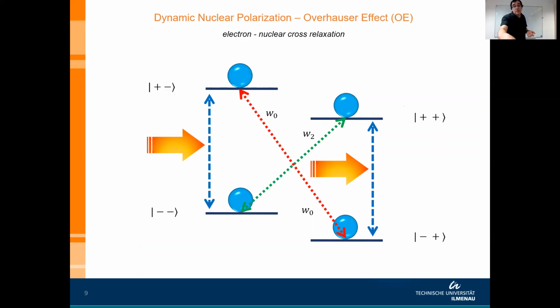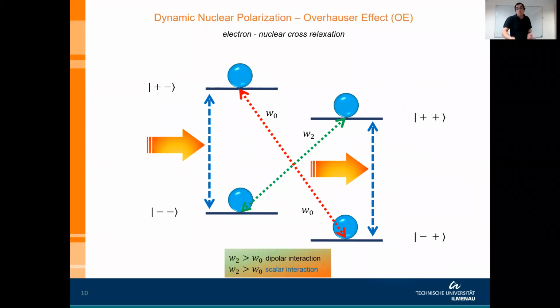Omega 1 describes the nuclear relaxation, but the cross relaxation is done by these double quantum and zero quantum transitions. The detail here is that with omega 0 and omega 2, when one is bigger than the other, 2 different effects happen, called dipolar interaction or scalar interaction. We'll see this later.